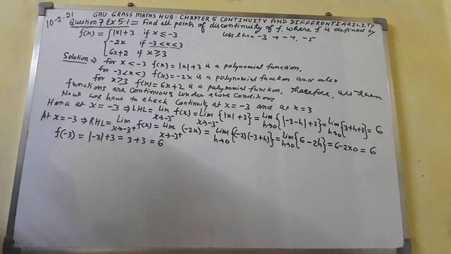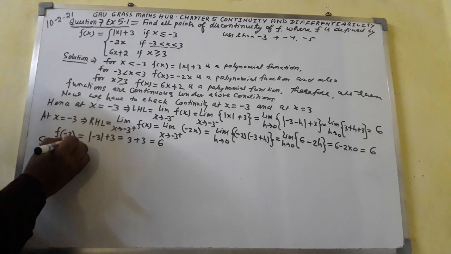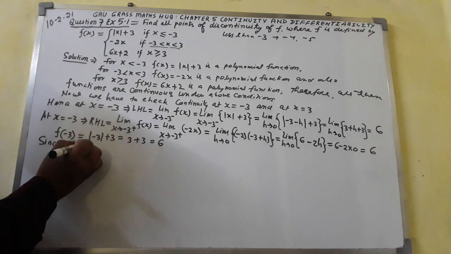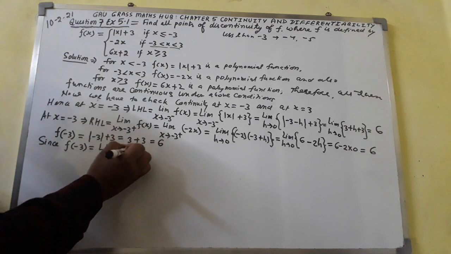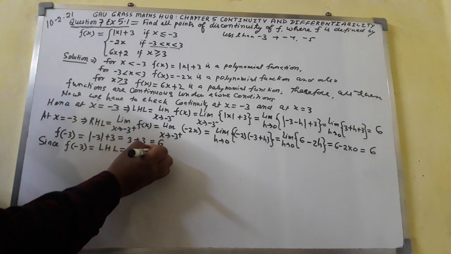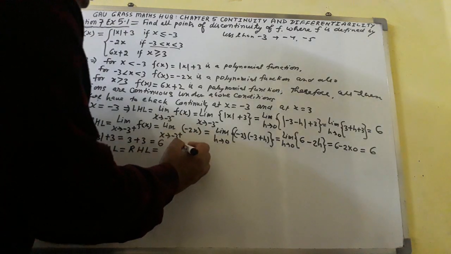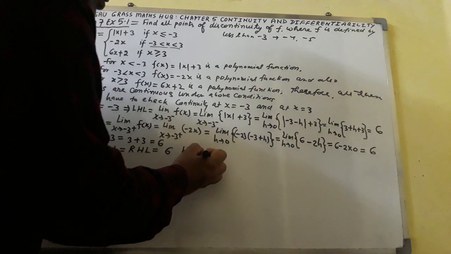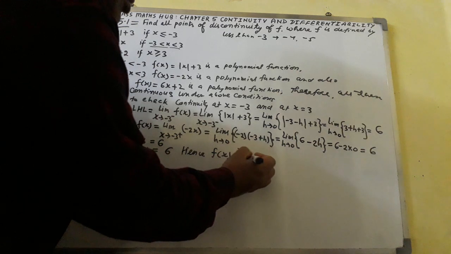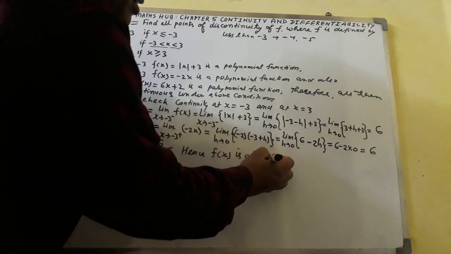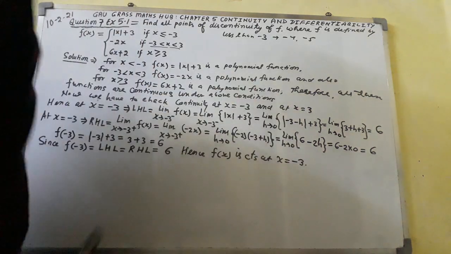Hence, since f of minus 3 is equal to left hand limit is equal to right hand limit, which comes out to be 6, therefore, hence f of x is continuous at x equal to minus 3.